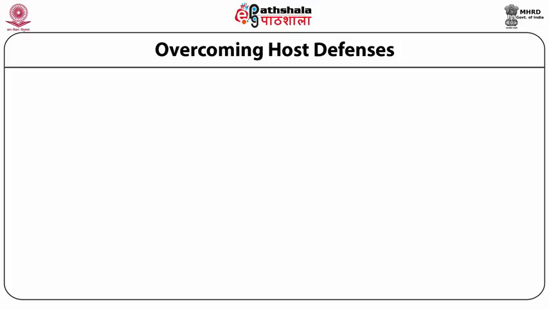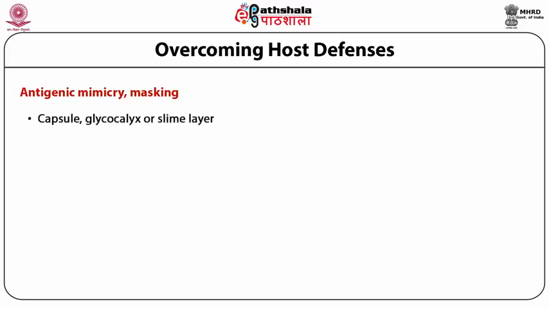The pathogen has to win against the host defense, has to overcome host defense. Only then can it survive inside the host and cause disease. For this, pathogens adopt many strategies such as antigenic mimicry and antigenic masking. The bacteria will coat itself with a certain kind of matrix, a certain kind of slime layer, and this coating mimics that it is a part of the body itself.